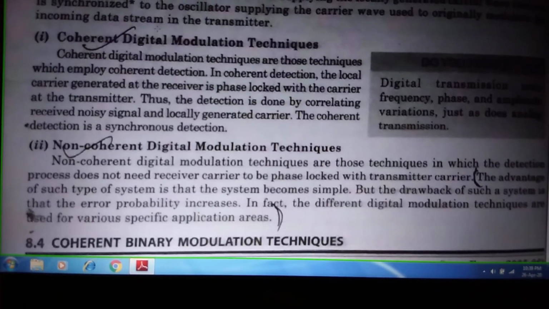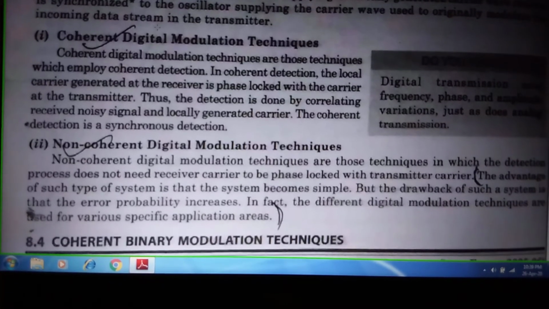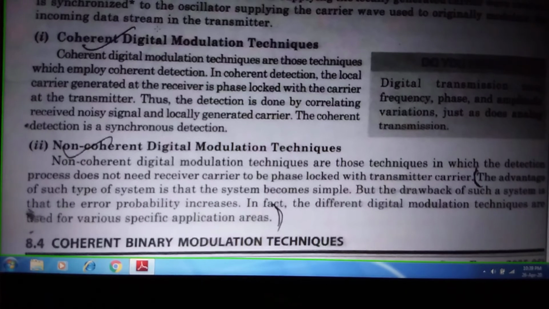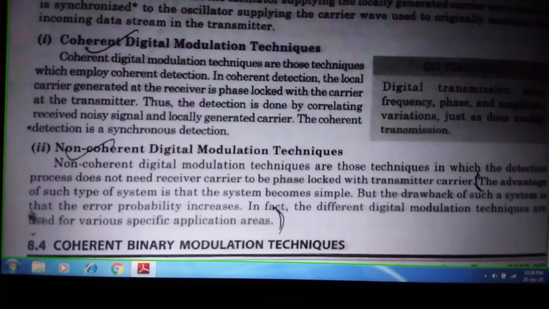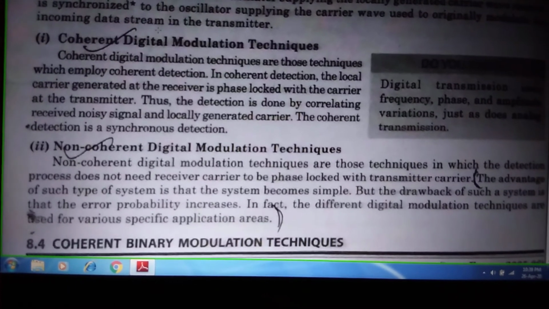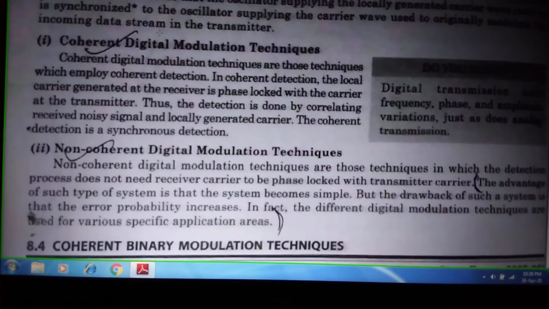What is the definition of coherent digital modulation techniques? If you see the book, you will find coherent digital modulation techniques are those techniques which employ coherent detection. That means the local carrier generated at the receiver is phase locked with the carrier at the transmitter. That means there should be synchronization between the transmitter as well as the receiver.